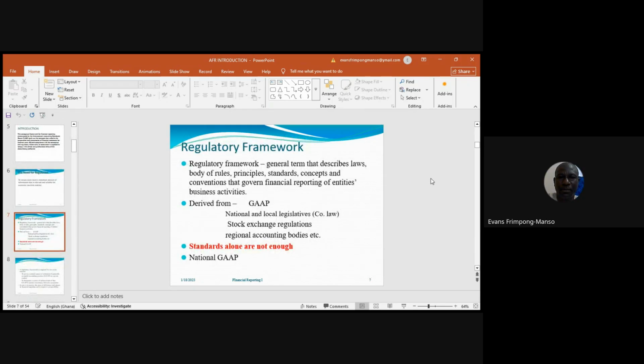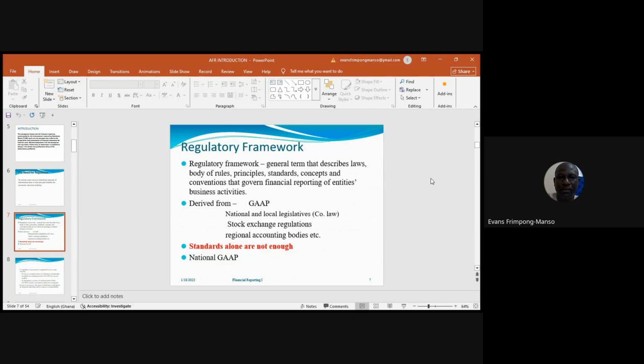All right. Now, I have given you, by way of introduction, what regulatory framework is, which I told you earlier is the laws, the principles, the concepts, the conventions that the accountant will have to follow when preparing the financial statement.